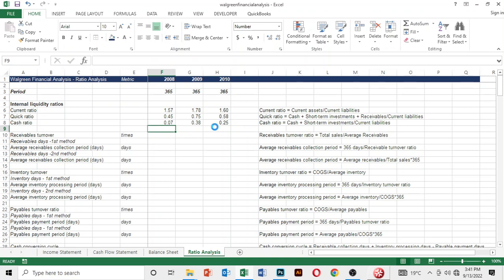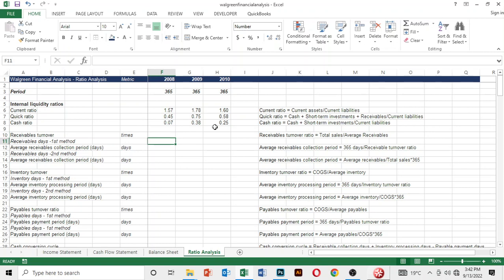So perfect. Now let's go over to receivables turnover. We just want to see how many times our company collects money from debtors or from customers per year. Okay, so this is what we are trying to see here.